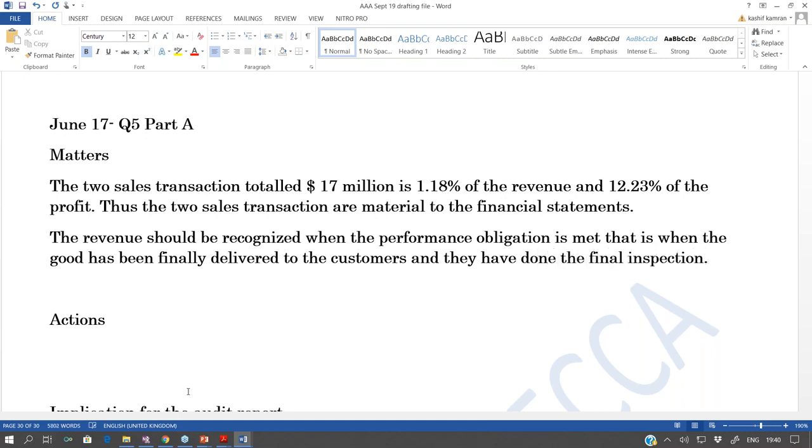Is that true? The revenue should be recognized when the performance obligation is met, that is when the goods have been finally delivered to customers and they have done the final inspection.